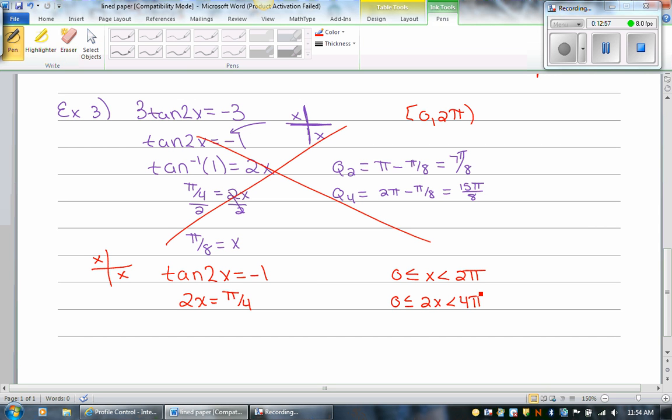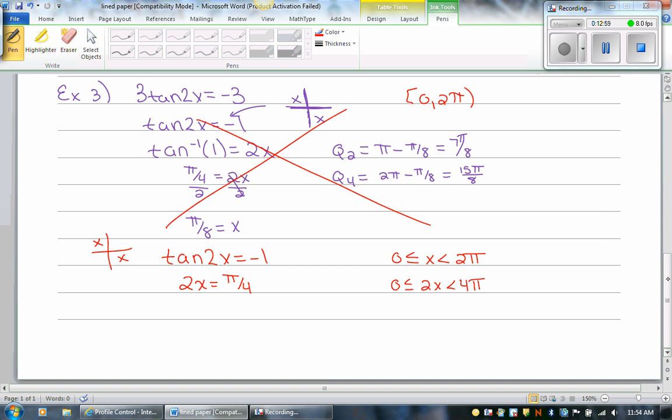Okay, so we're going to go around and find all of these solutions. In quadrant 2, just like before, we did pi minus, and we're going to do pi minus pi over 4 this time, which is 3 pi over 4. That's within my 0 to 2 pi.